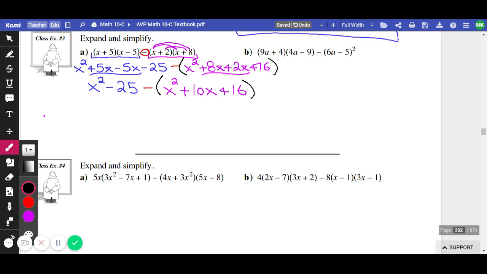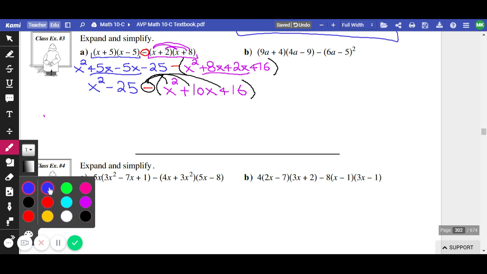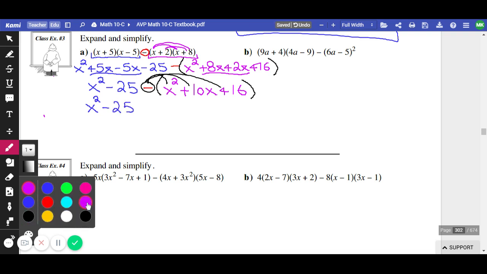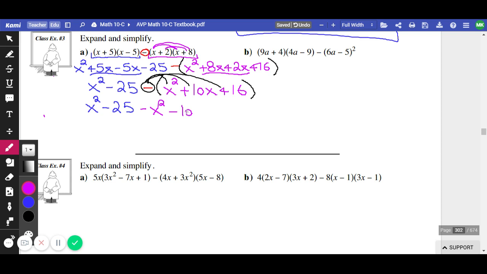So that I remind myself I'm subtracting the entire purple side. The way we subtract the entire purple side is we take this negative and we distribute it in to every single term. This gives me x squared minus 25. Once I've put that negative in there, I now have negative x squared, negative 10x, and negative 16.